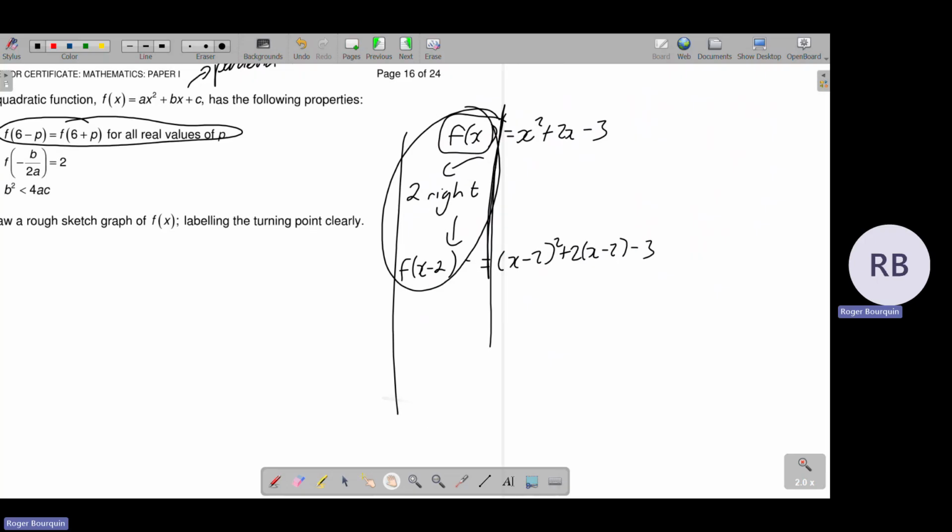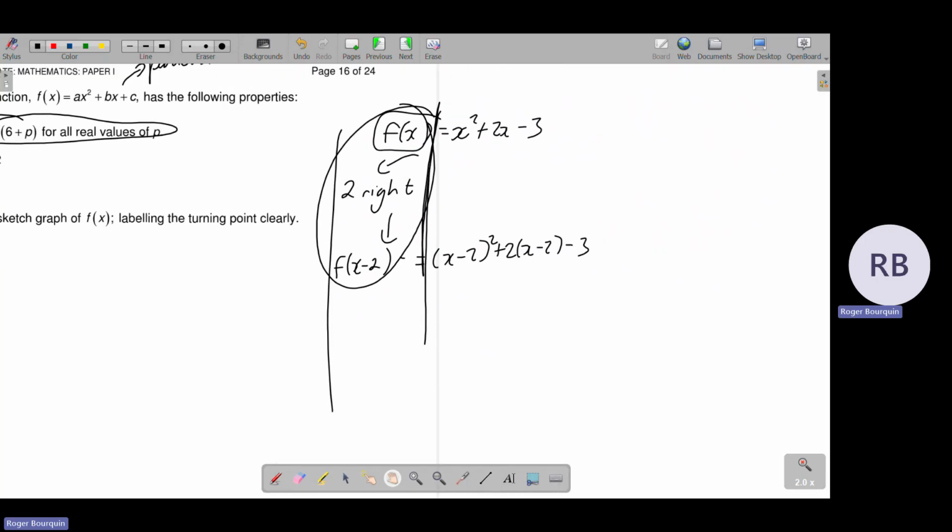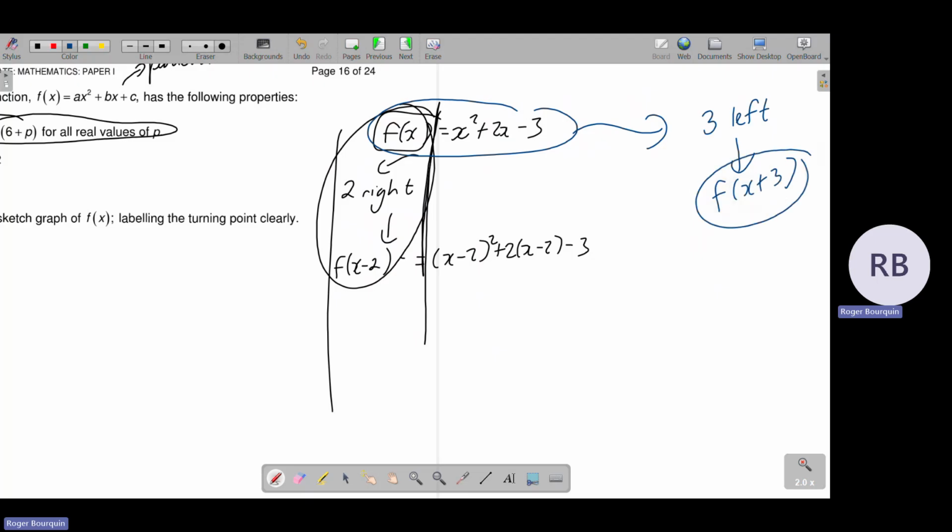If I took some graph f and wanted to shift it 3 to the left, I'd replace every x with x plus 3, so f of x plus 3 is f of x shifted 3 to the left, no matter what graph you work with. You don't need to know the equation.